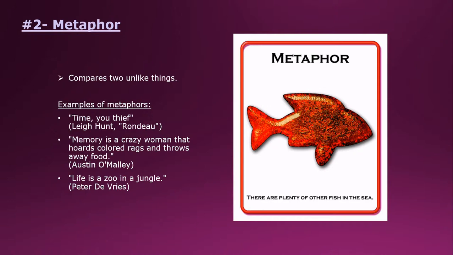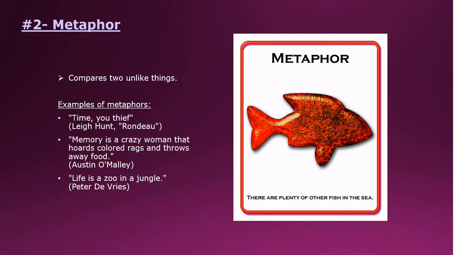Number 2, memory is a crazy woman that hoards colored rags and throws away food. Is memory itself a crazy woman that hoards colored rags and throws away food? No, but in this case, memory is being compared to the likes of a crazy woman that hoards colored rags and throws away food.